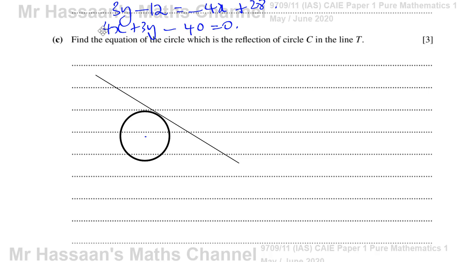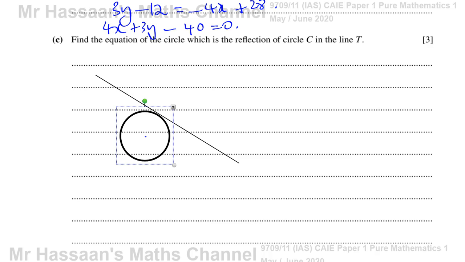Say that's the tangent. Now this circle, if it's a reflection of itself in the tangent, it will be identical to the original. A reflection is where the object and the image are congruent, they're just reflected along the mirror line. The mirror line passes through the point B. The mirror line is the tangent line.